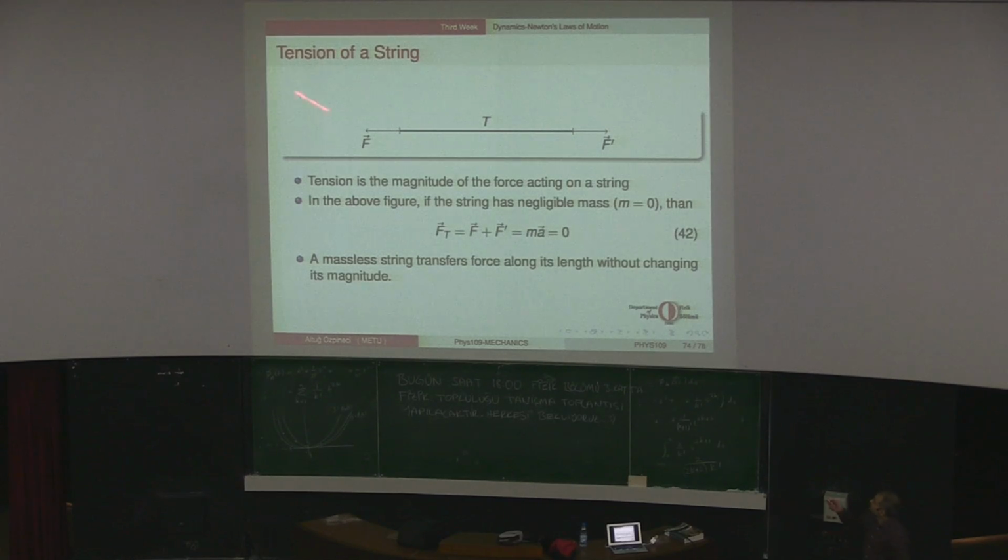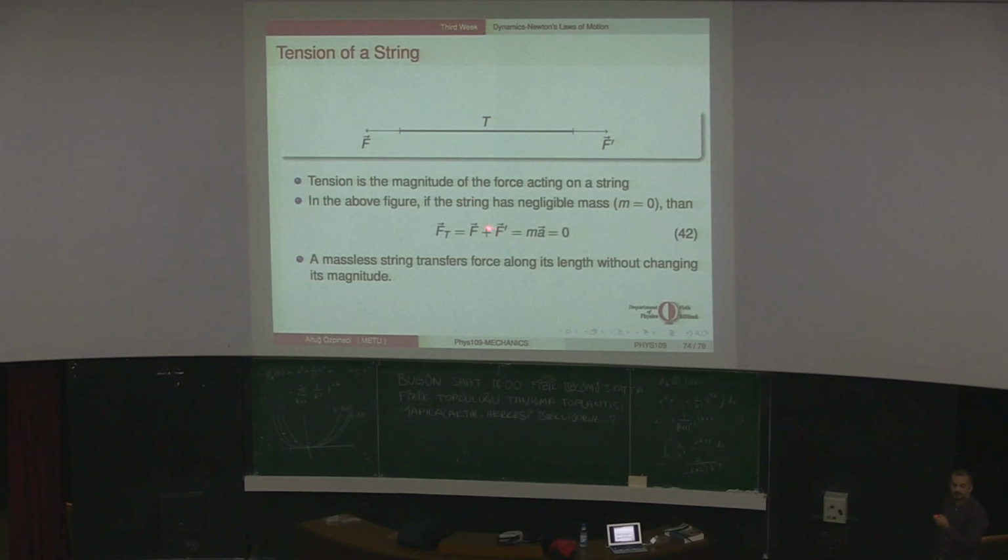Now if you consider a piece of a string of some length, you apply a force F on one end of it, and a force F prime on the other end of it. Newton's law tells me that the total force acting on my object, which is nothing but F plus F prime, should be equal to the total mass of the string times the acceleration of the string.